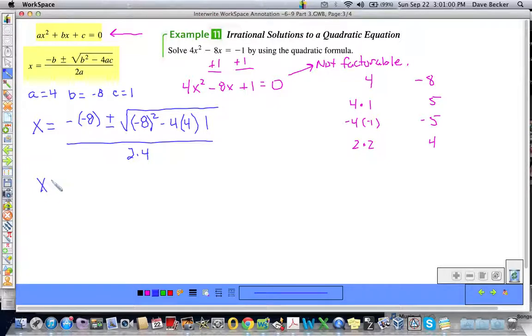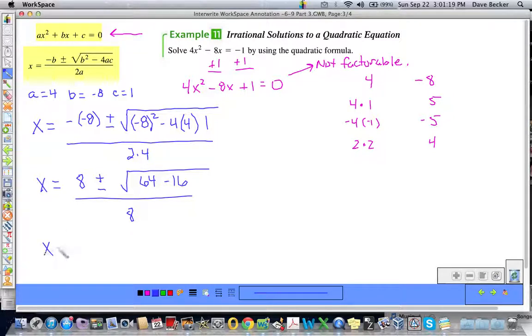So x will equal a negative 8 is a positive 8, excuse me, plus or minus the square root of 64 minus 16 over 2 times 4 is 8.